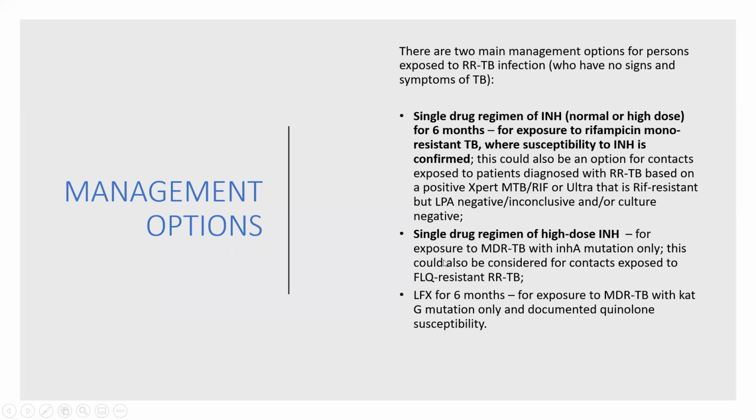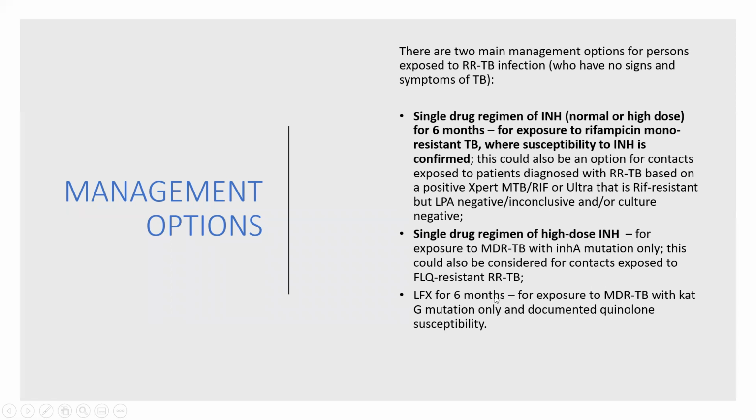So this is the normal regimen or option that we commonly give to our contacts, the high dose INH. The other option is levofloxacin, as I highlighted, especially if fluoroquinolones are susceptible.